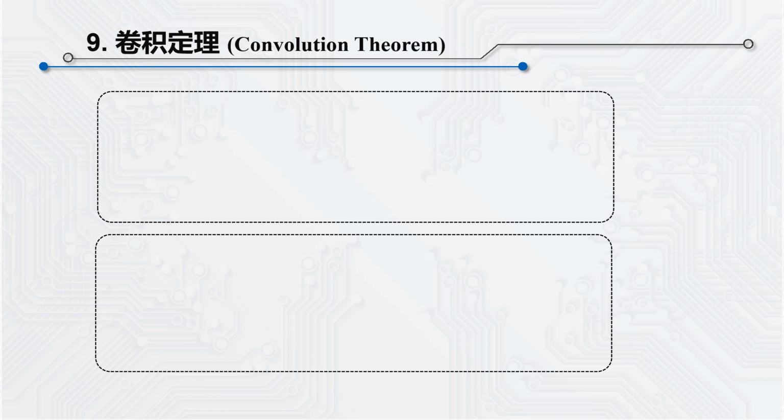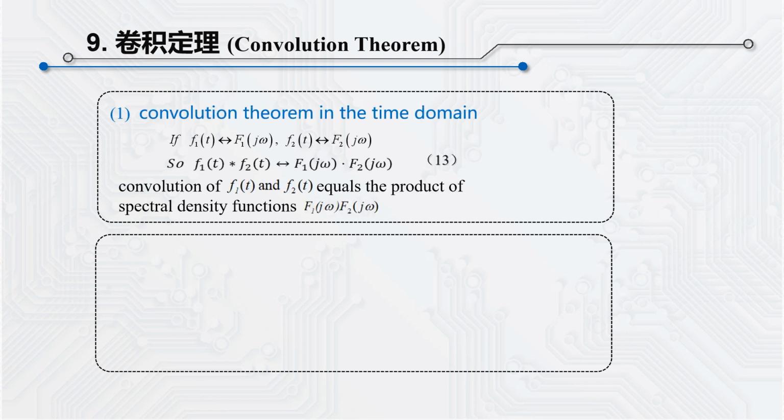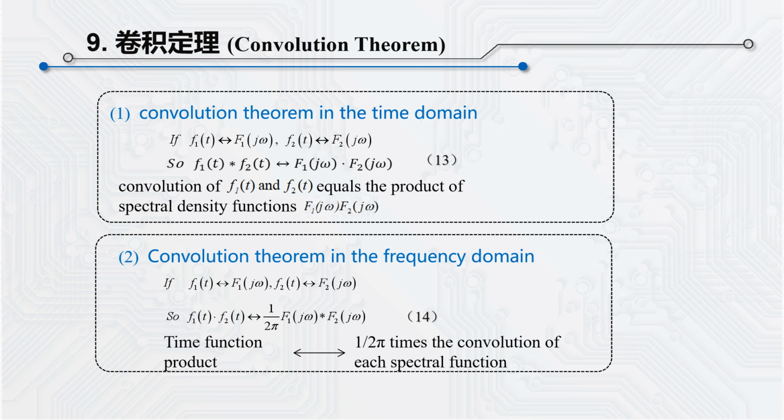Let's take a look at the convolution theorem. Convolution theorem is divided into the convolution theorem in time domain and the convolution theorem in frequency domain. Convolution theorem in time domain means that if we do the convolution operation on the time domain signals f1(t) and f2(t), then in the spectrum it becomes a multiplication operation.